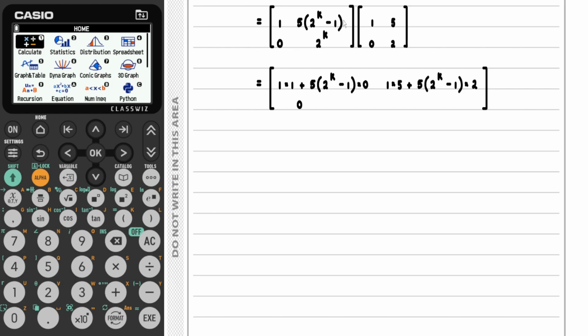Then we have 0 multiplied by 1 plus 2 to the k multiplied by 0, and then 0 times by 5 plus 2 to the k times by 2. So we've got 1, and then here we've got 5 plus, now here we've got 5 times by 2, which is 10, and we multiply that by 2 to the k subtract 1. Then we've got 0, and then we've got 2 to the k times by 2.